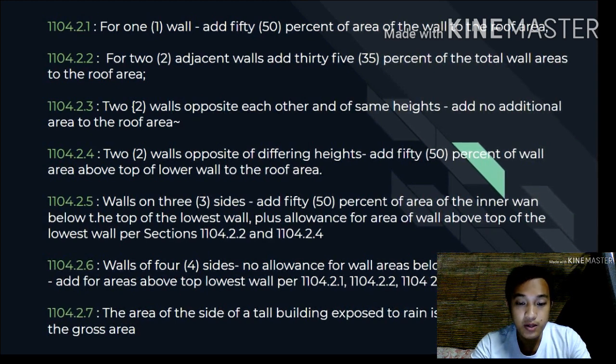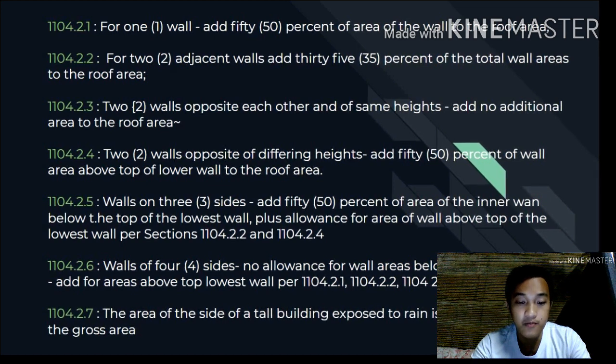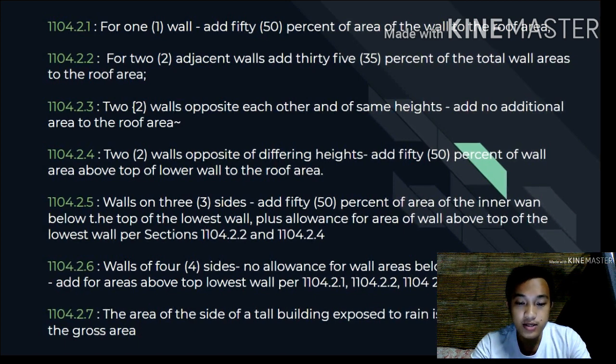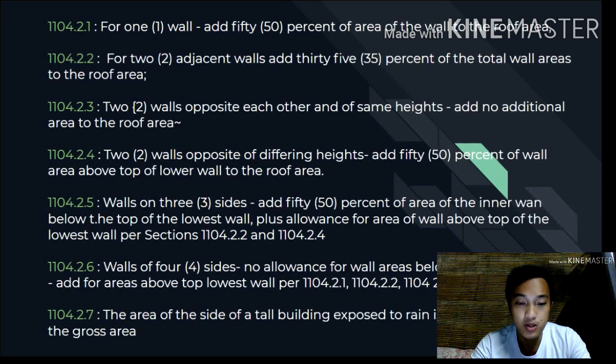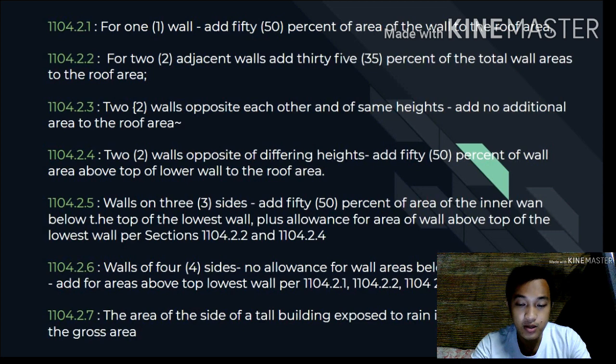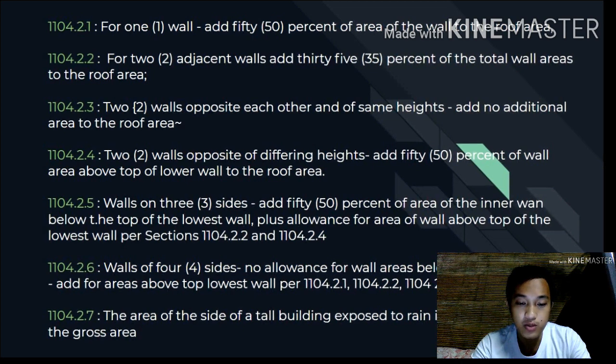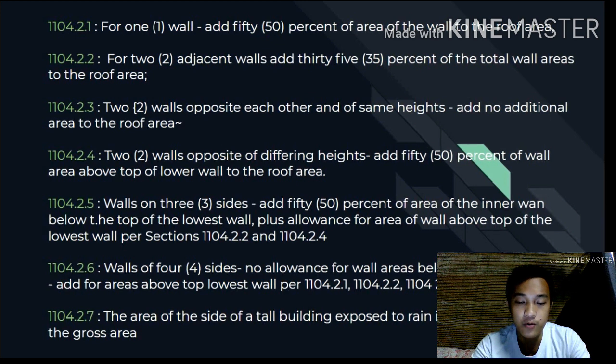Two walls opposite of differing heights, add 50% of the wall area above the top of the lower wall to the roof area. Walls on three sides, add 50% of the area of the inner one below the top of the lowest wall, plus allowance for area of wall above the top of the lowest wall per Sections 1104.2.2 and 1104.2.4.